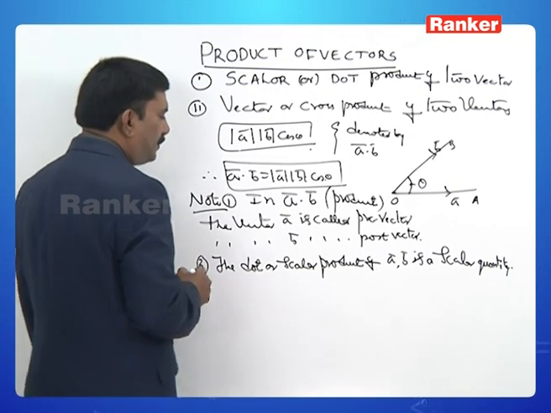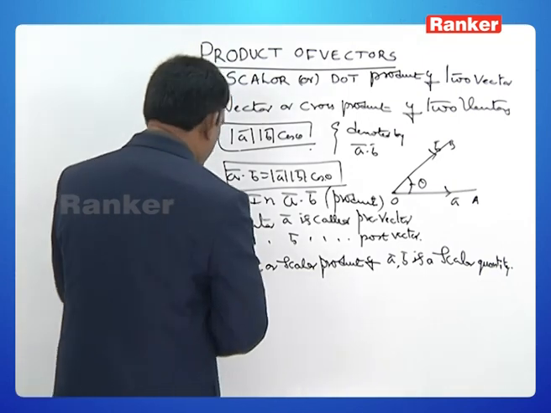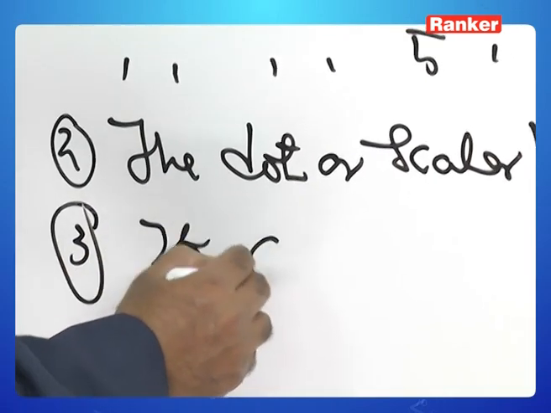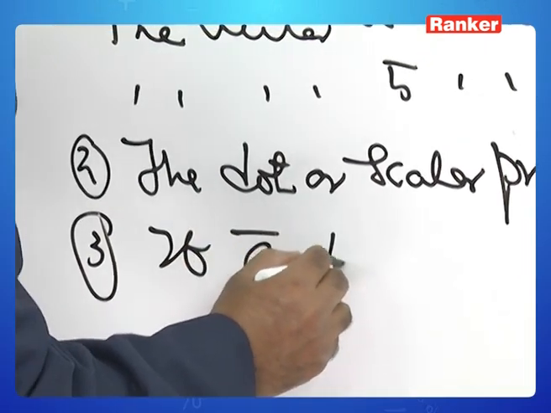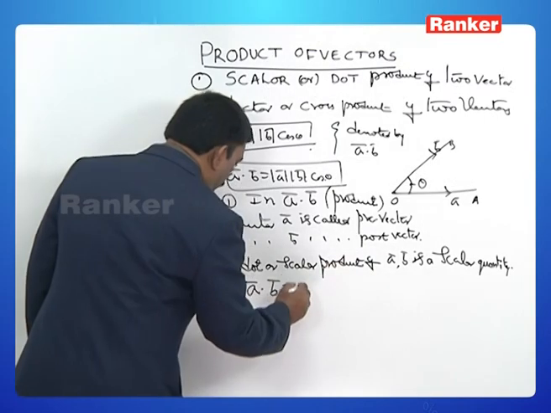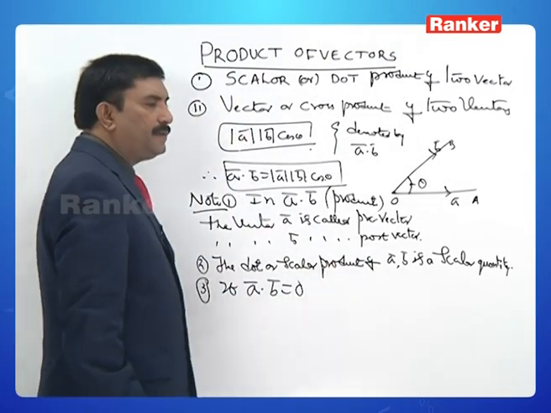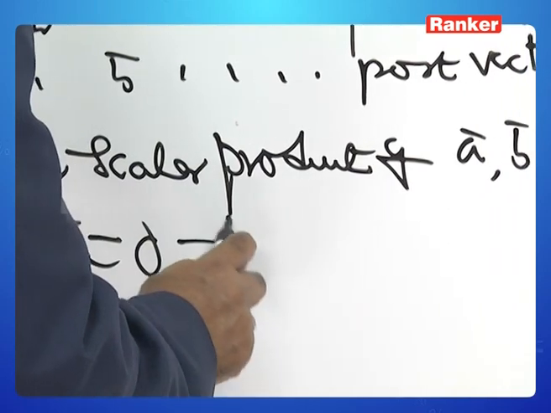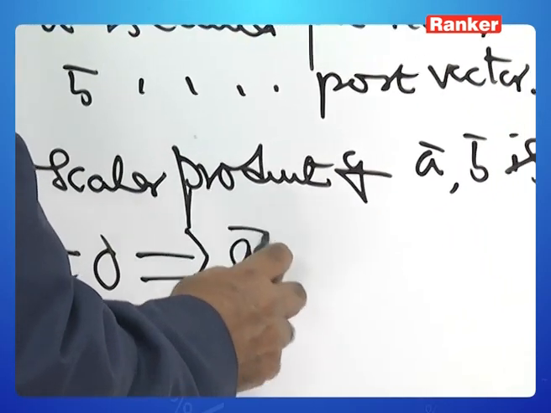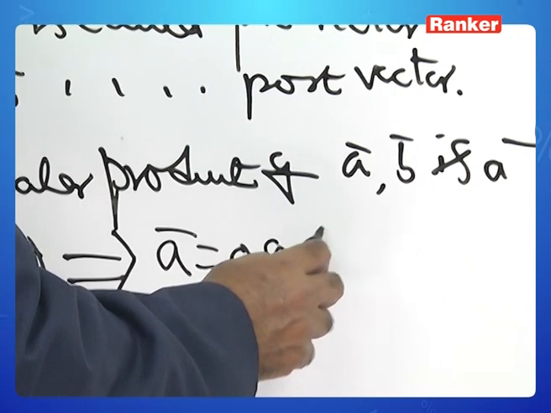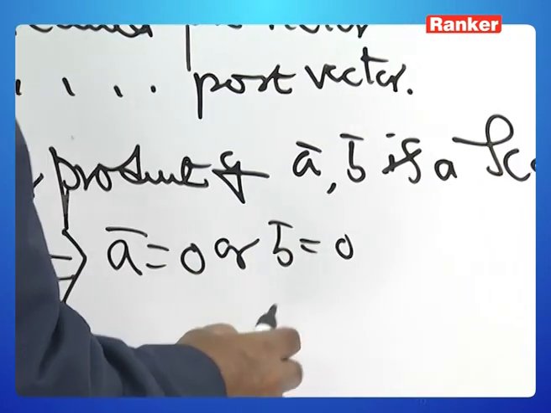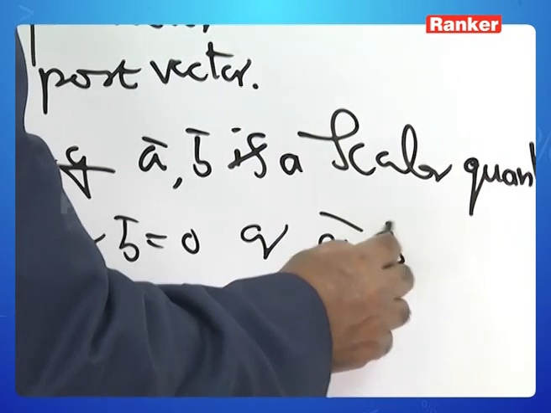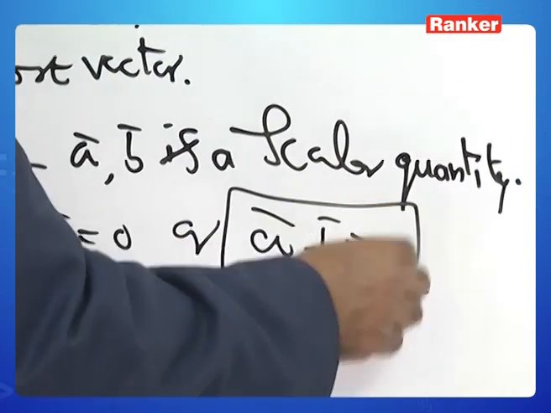Third one is: if A bar dot B bar is equal to 0, which implies A bar is equal to 0 or B bar is equal to 0, or A dot B is equal to 0.